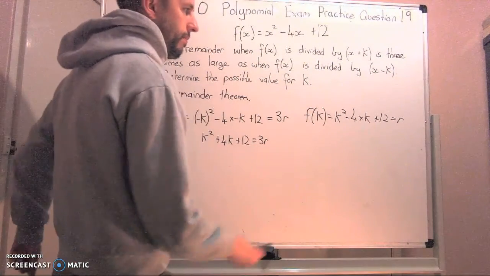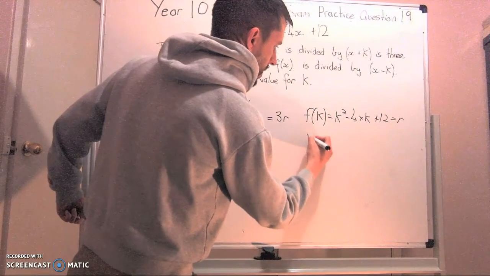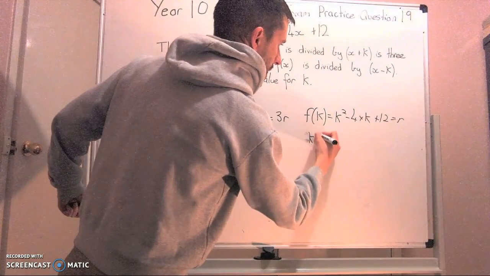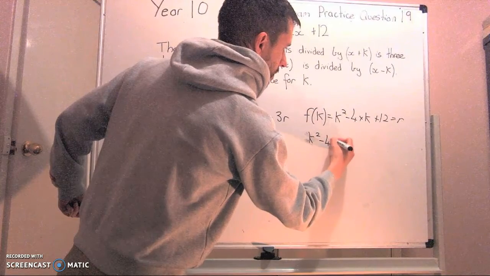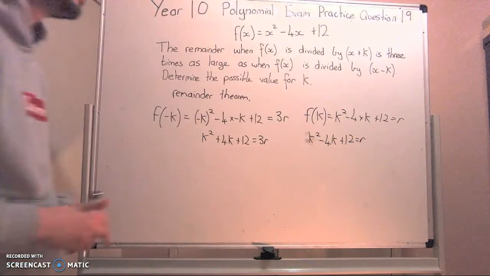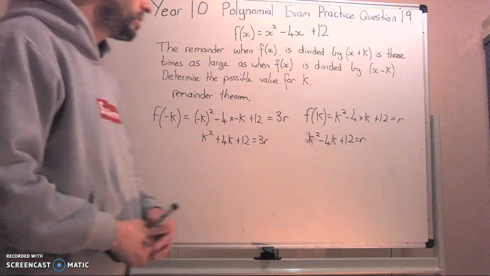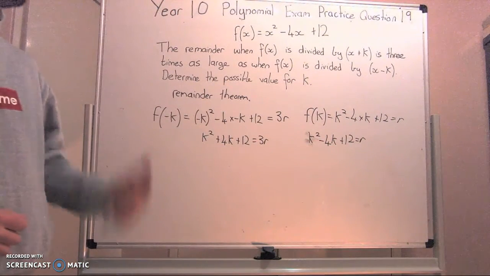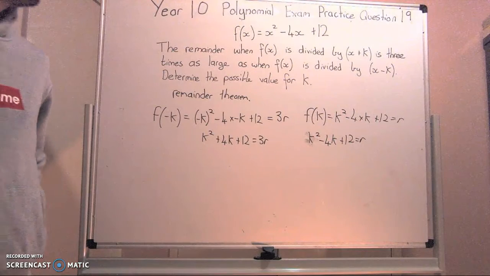Likewise over here, this gives me k squared minus 4k plus 12 is equal to r. To make it easier, I'm going to substitute this in for r. So I'm left with just k.